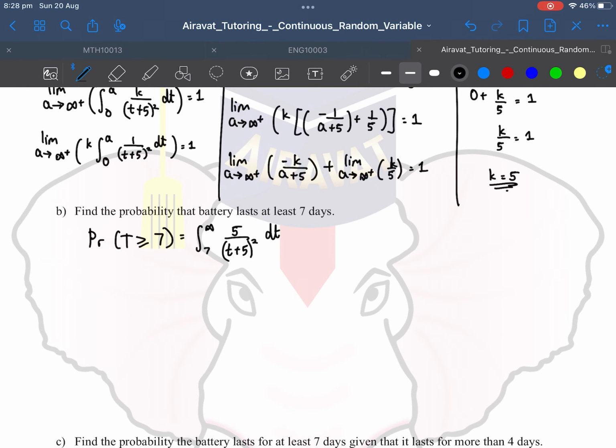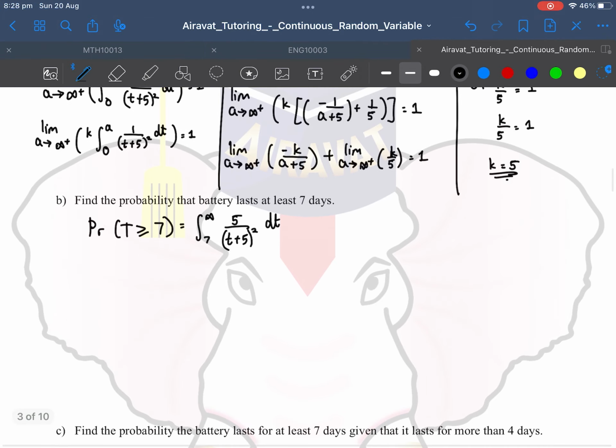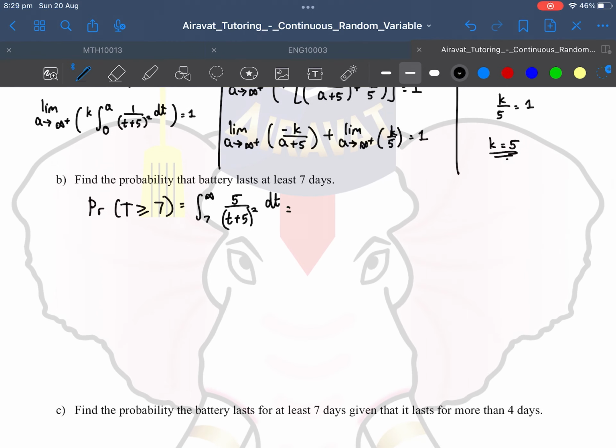And again, we can use limits, and we have to use limits if this was an exam question. In this case it's because it should show that, so we have to use limits no matter what. Okay, so let's start. Again, I'm going to allocate a as positive infinity. As a approaches positive infinity, we have to evaluate this integral from 7 to a of 5 on (t plus 5) whole squared dt, which equals the limit as a goes to positive infinity of 5 times the integral from 7 to a of 1 on (t plus 5) whole squared dt.